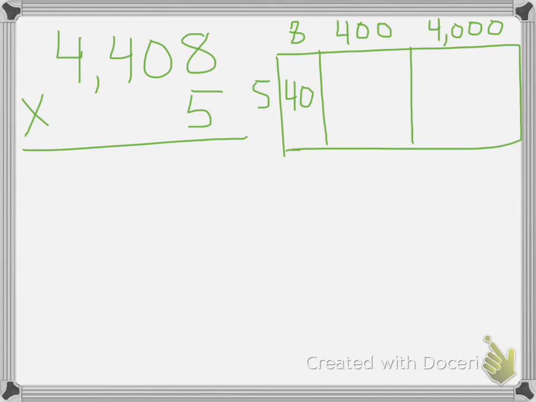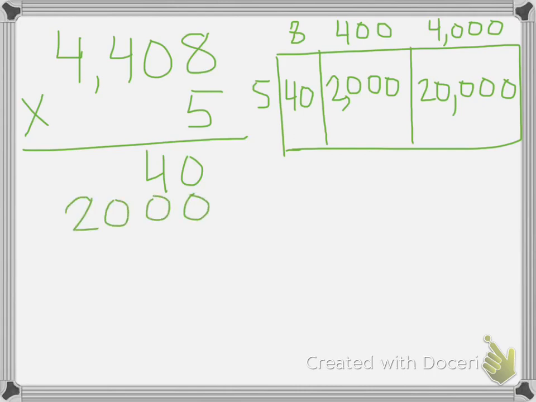5 times my 400 gets me 20, and then I multiply by 100. And my 5 times 4 gets me 20 again, but this time I'm multiplying by 1,000. So there's my partial products: my 40, my 2,000, and my 20,000.